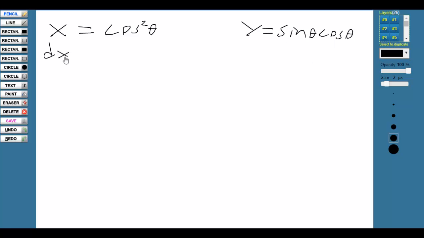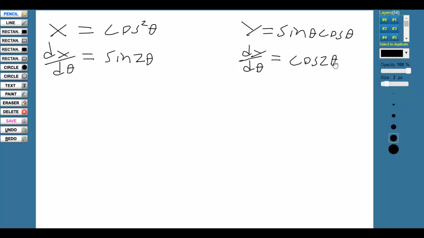You find the derivative of each, and dx/dθ will come out to be 2 sin θ cos θ, but that can be simplified to sin 2θ thanks to double angles. And dy/dθ will come out to be cos²θ minus sin²θ, but that can also be simplified with double angles to cos 2θ. When you solve for θ, here you'll get 0 and π/2, and here you'll get π/4 and 3π/4.